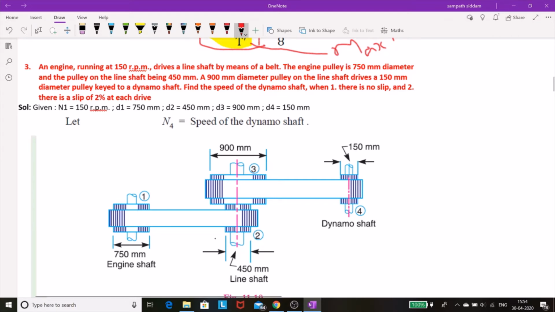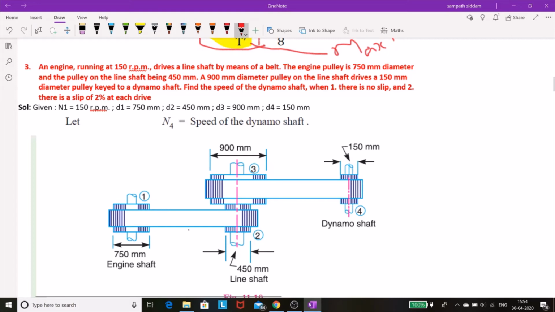This line shaft is usually driven by the shaft which is keyed or coupled to an engine shaft. This is a driving member and this will become a driven member. Here there is a belt transmission because there is a long distance.